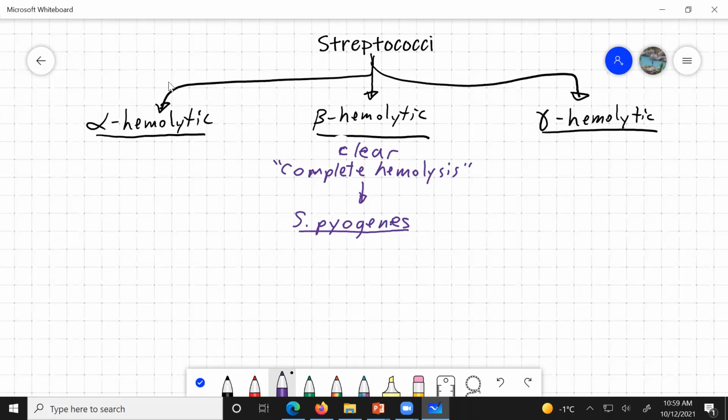And this is the one that we would call group A strep. And so the abbreviation is sometimes GAS, and you might see that on medical documents, right? You know, checkbox for strep, GAS.